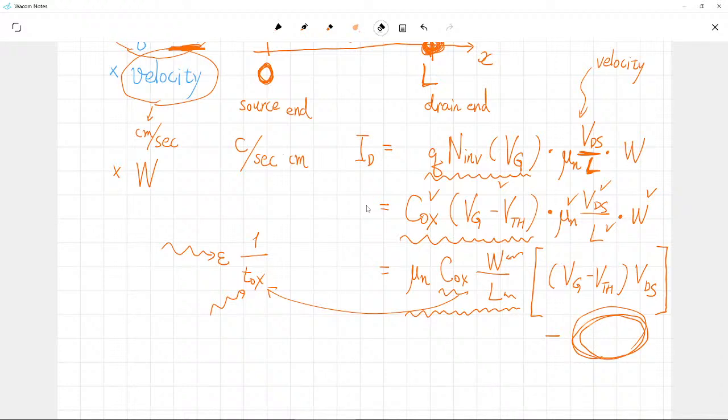The modification is really simple, and it is given by half of Vd square. Please note that the dimension is important. So this term is given by what? The product between one voltage term and another voltage term. And here we have a correction factor, which is also just a number multiplied by the square of a certain voltage.